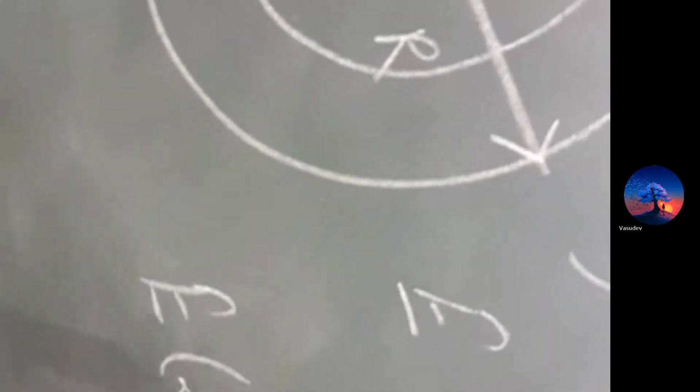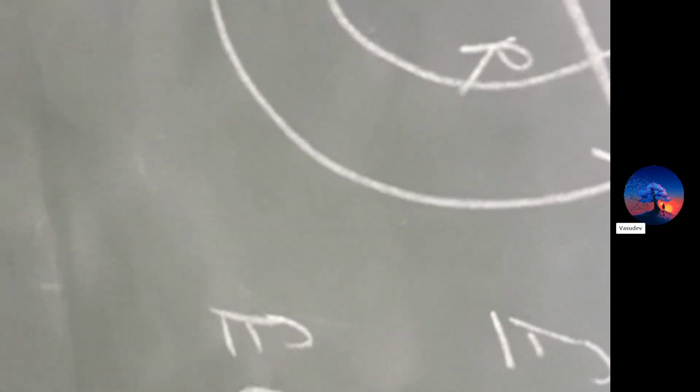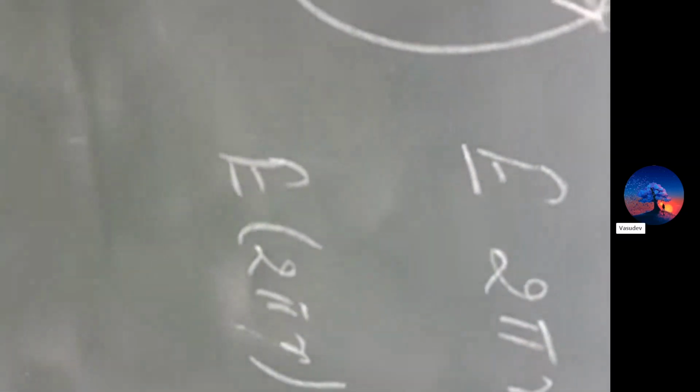What we end up getting is E into 2 pi r is equal to pi r square dB by dt. From here we get E is equal to r by 2 dB by dt. So this is how E varies.